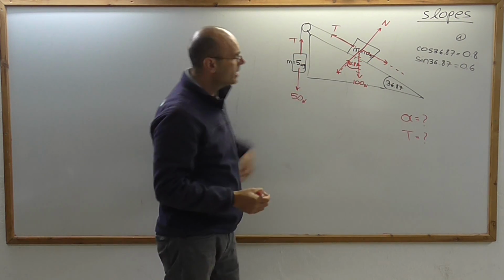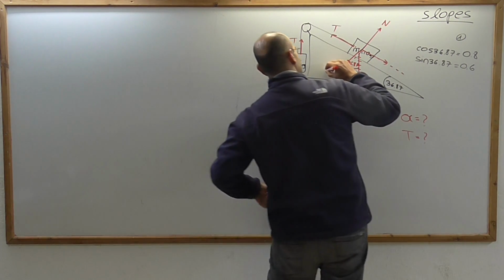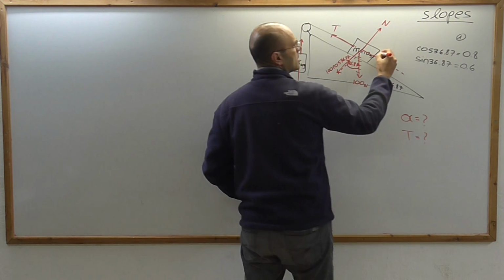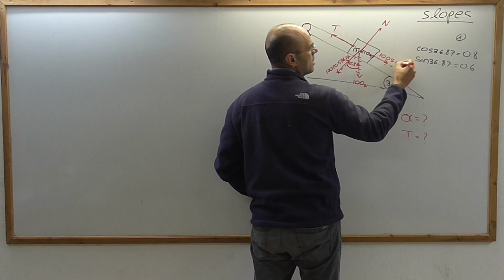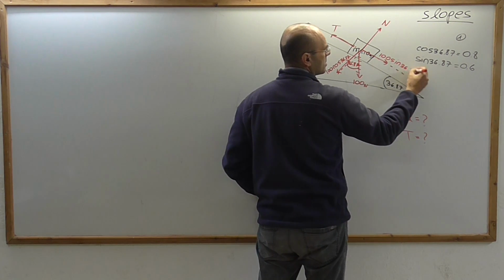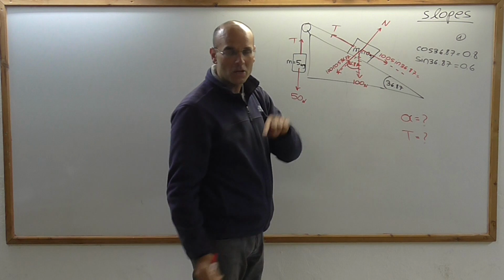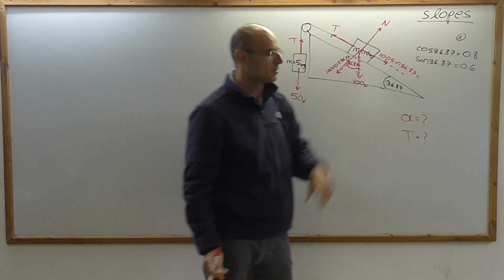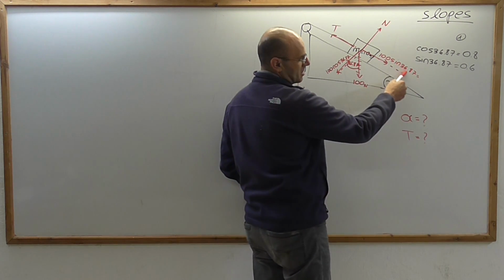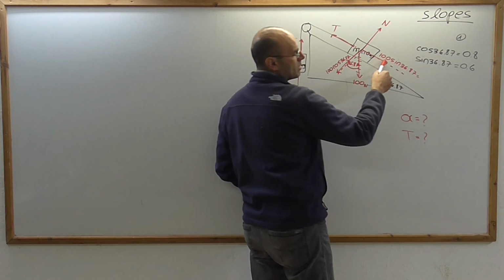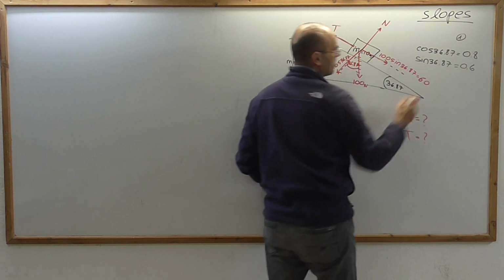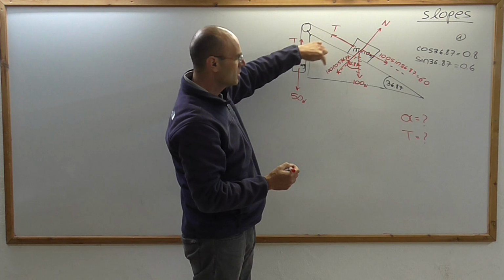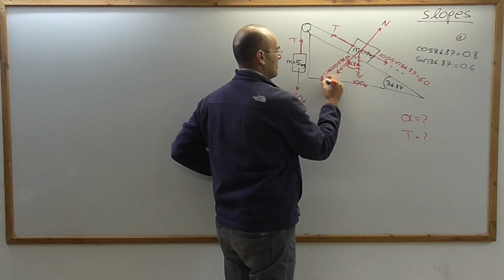Now when I break it into this one and that one, who will get the cosine? This one. This is 100 cosine 36.87 and this is 100 sine 36.87. And now I can calculate them because I know the value of cosine and sine 36.87. Sine 36.87 is 0.6, multiplied by 100 is 60. This is cosine 36.87, which is 0.8, multiplied by 100, which is 80.